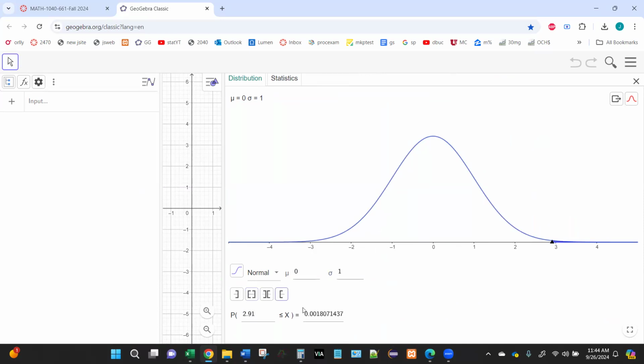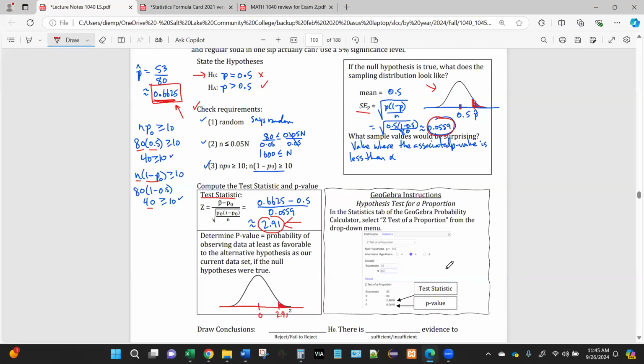So we go greater than, and we find that there's not much. Right? It's actually a very small percentage. It's about, that's not 2% there, that's 0.2%, right? So it's very, very unlikely that you would get a p hat of 66% or higher if the null is true. So what are we going to do? We're going to reject the null here, right? So 0.002 or 0.018 for the p-value.